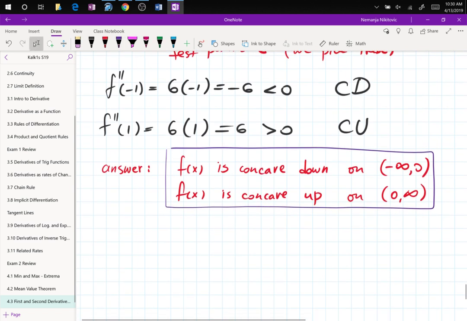Just to see if this makes sense, I am going to graph x cubed because I know what that graph looks like. Do we see a concave down piece here? The answer is yes, because a concave down piece is like a downward opening parabola that would spill the water.